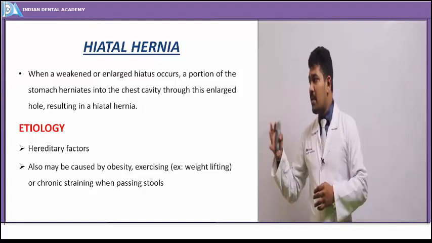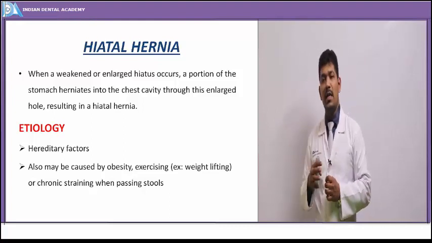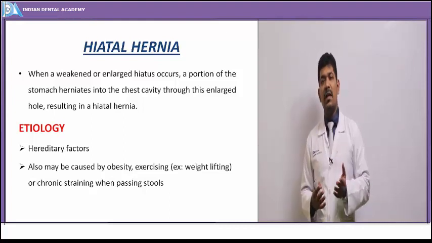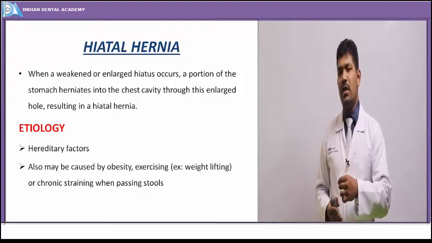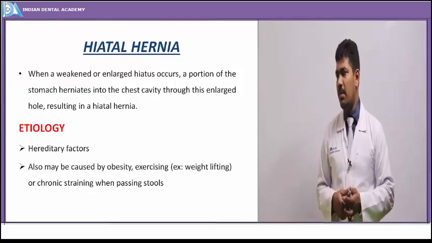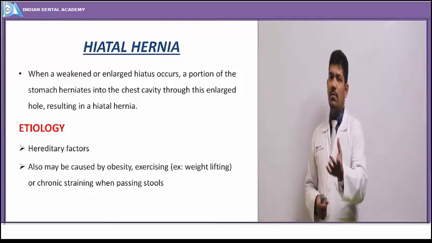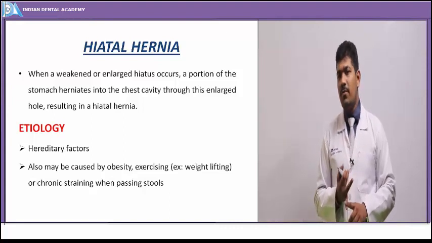Now, what happens in a few cases is that this particular opening becomes weakened, or this hiatus becomes enlarged, thereby allowing the food contents, or the partially digested food contents, to come up or regurgitate into the esophagus from the stomach. What is the etiology of this kind of disorder? It's basically because of hereditary factors.